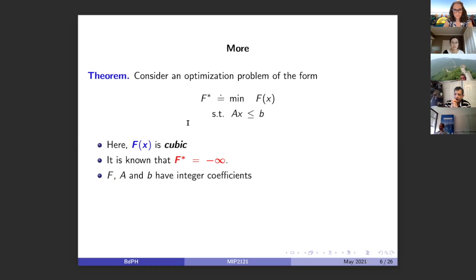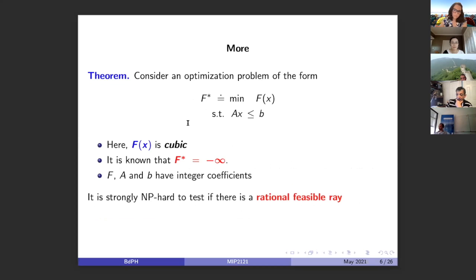And it is known that the problem is unbounded, minus infinity. It is strongly NP-hard to test if there's a rational feasible ray, a rational ray, where the function goes to minus infinity on the ray.